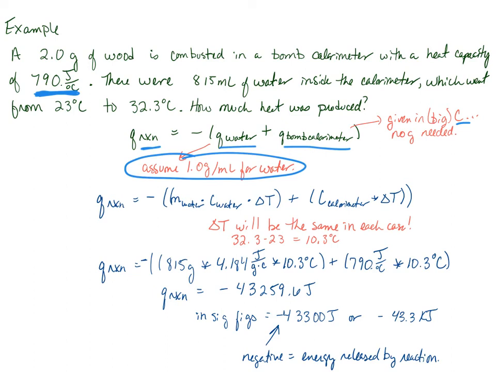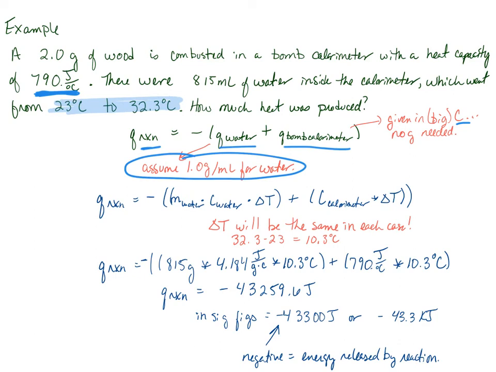That's fine. We don't need to worry about that. That's actually easier because we don't have to put in something else in our calculations. But we do have to assume that the heat change that took place in the water was the same as what happened in the calorimeter.